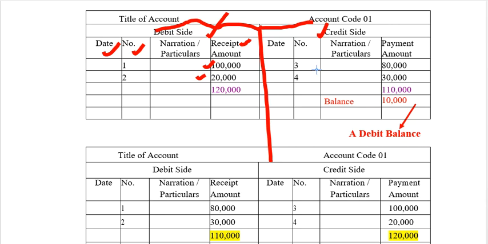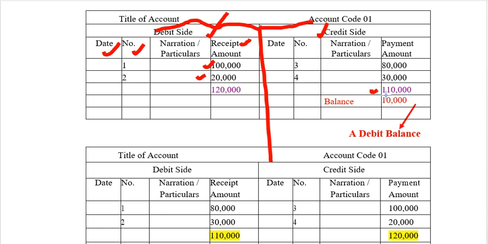Similarly, in a third transaction 80,000 is going to be paid somewhere, and in a fourth transaction you pay 30,000 somewhere. And the total disbursement, total payment in this record, is 110,000.